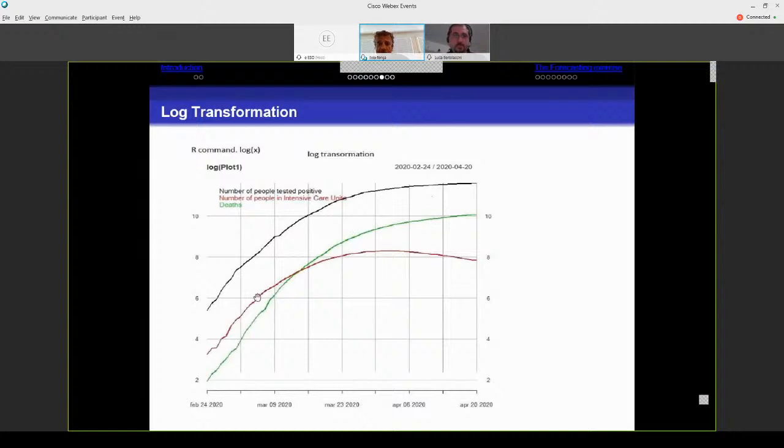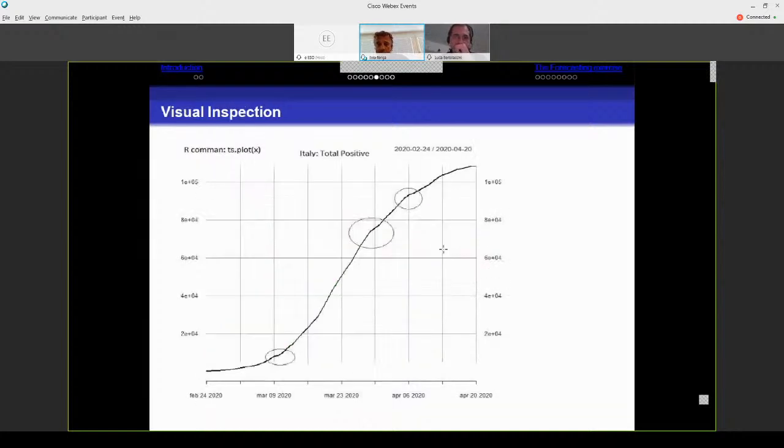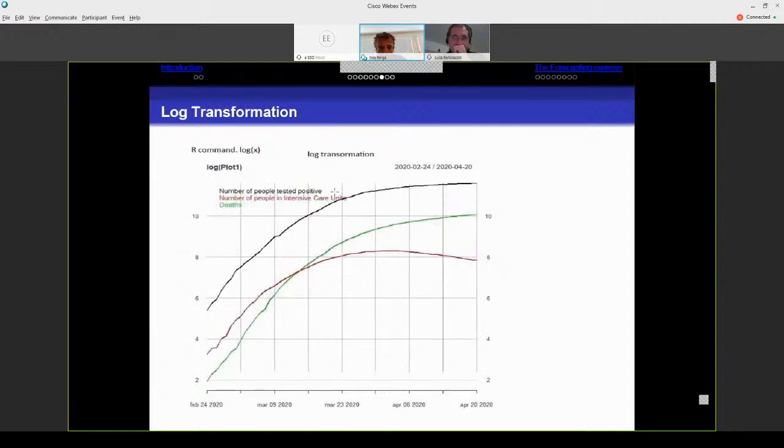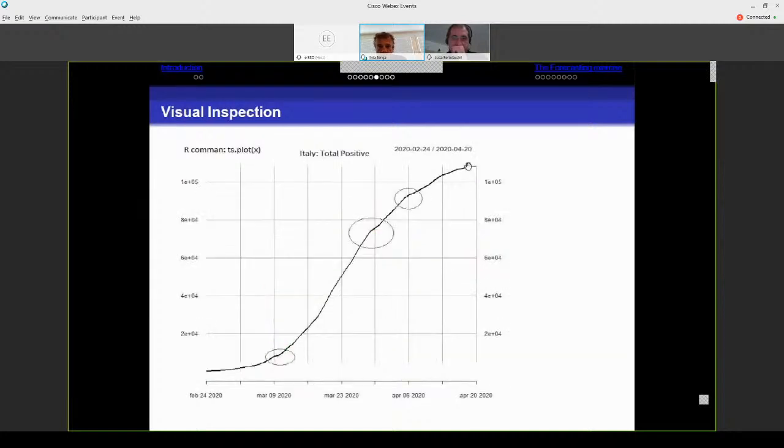I have a better idea of the course. Look, the total positives are here, and the total positives are here. If one looks at this and looks at this, one can gain fewer insights.